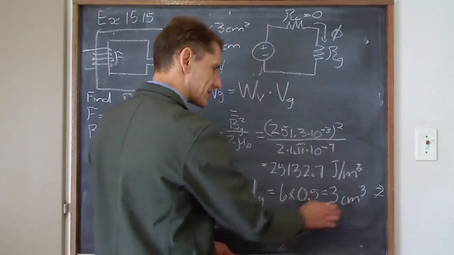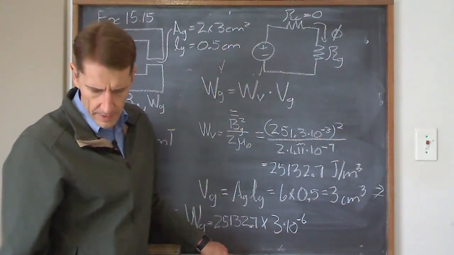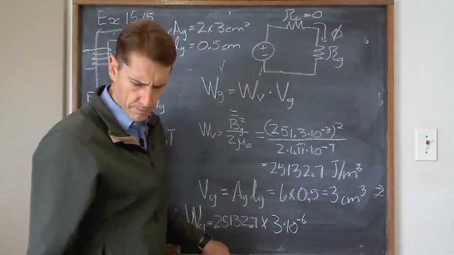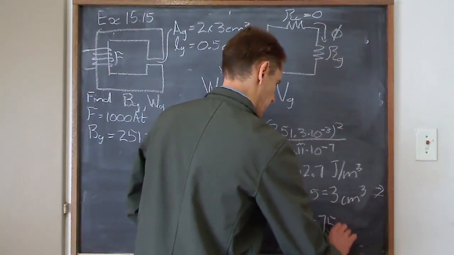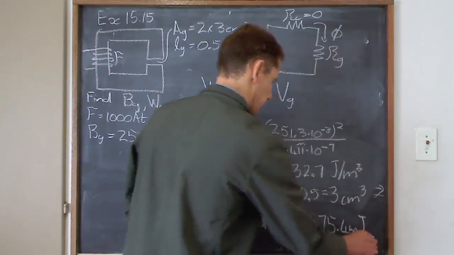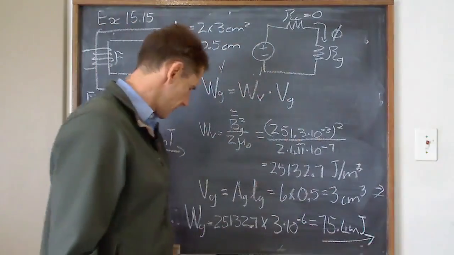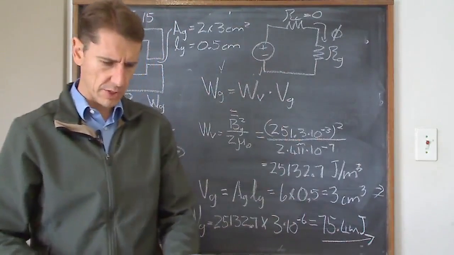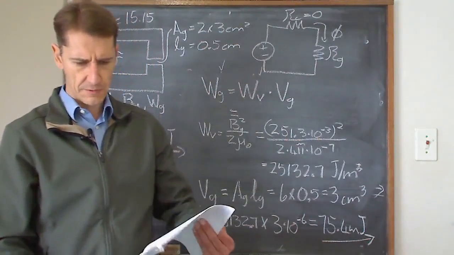The 10 to the minus 6 takes the cubic centimeters into cubic meters, and I get 75.4 millijoules. All right, so there's the one answer, there's the other answer. So all of a sudden, not a lot of energy. I started with a big number, ended with a very small number there. Okay, that was exercise 15.15.